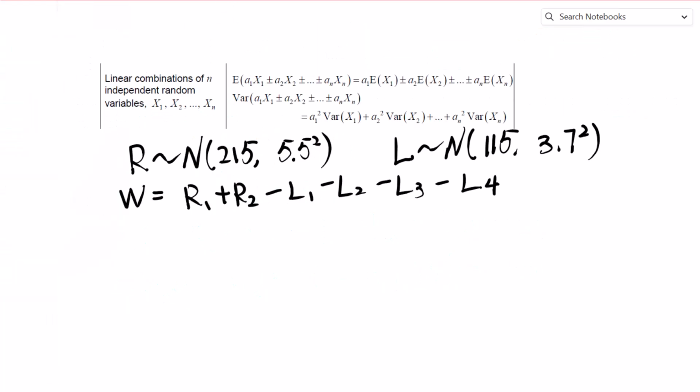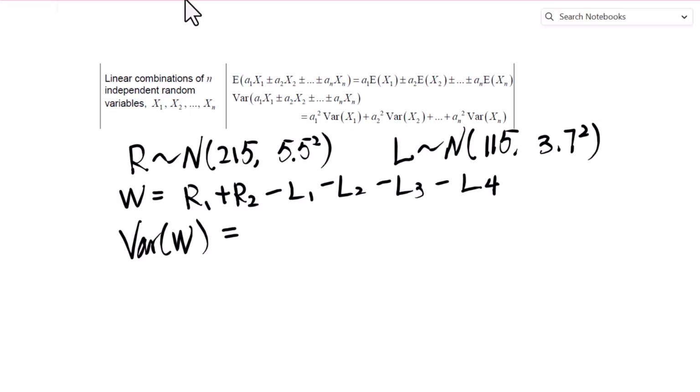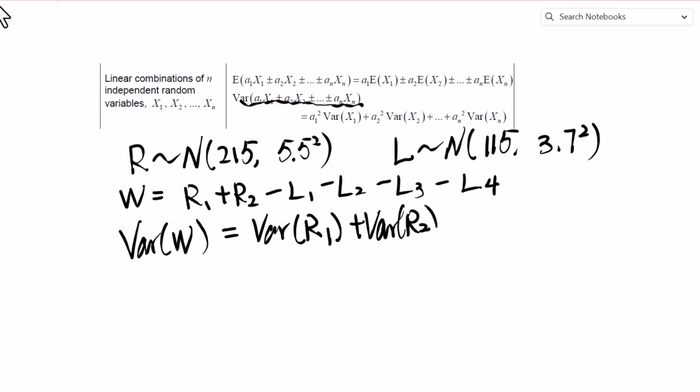Let's talk about how to get variance of W in detail. Variance of W, we will use this formula. The coefficient of R1, R2, L1, L2, L3, L4 is 1. Variance of R1 plus variance of R2. Remember, for this formula, this is a plus.